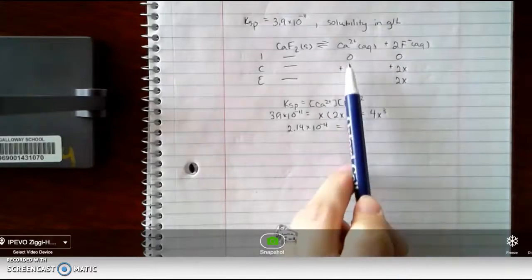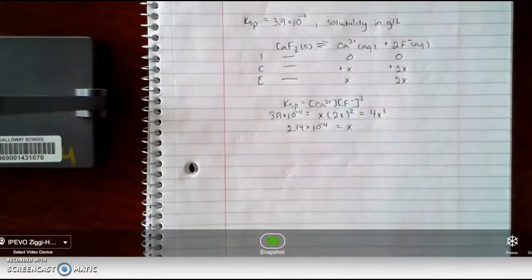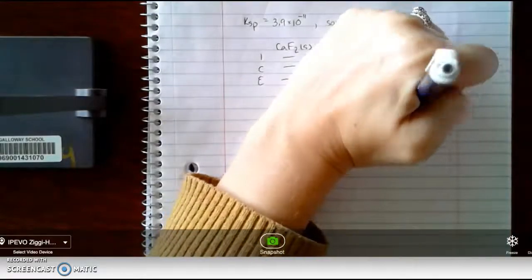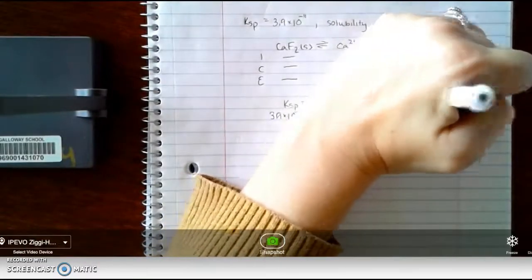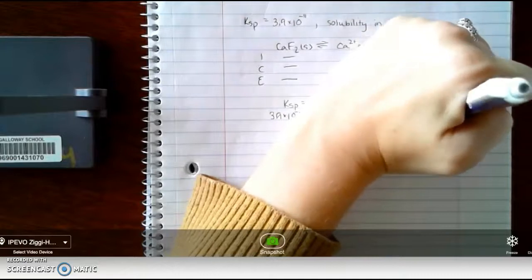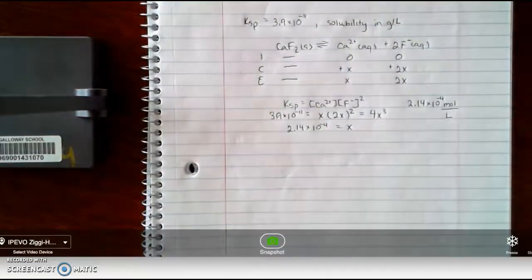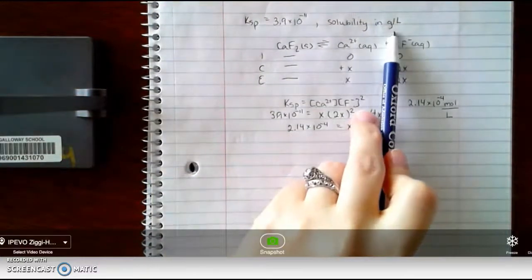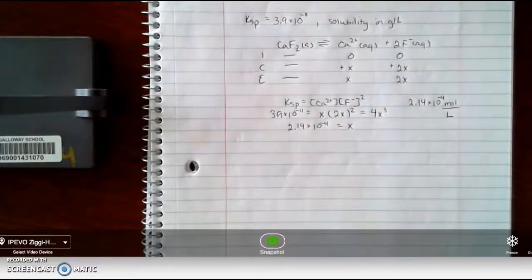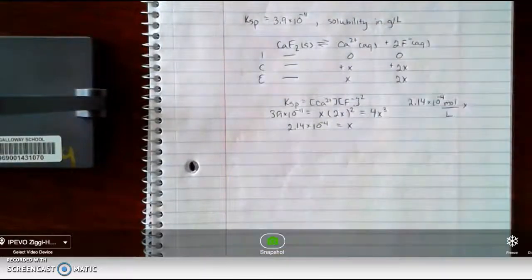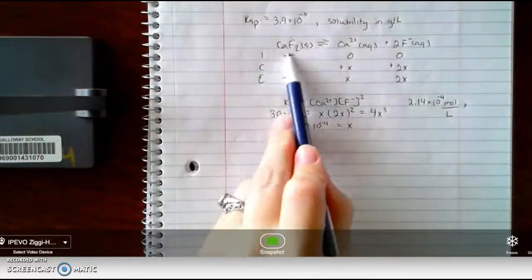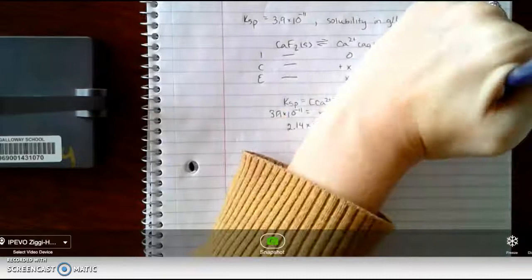And remember, we had concentrations here in our KSP expression, so the unit for that is going to be moles per liter: 2.14 times 10 to the negative 4th moles per liter. Now our question asks for solubility in grams per liter, so we just need to do a little bit of stoichiometry to get this into grams per liter. So we're going to multiply times the molar mass of calcium fluoride here, which is 78 grams per mole.